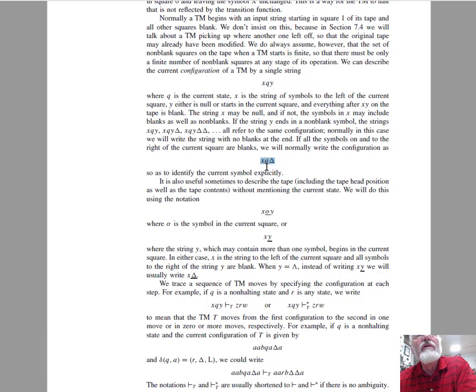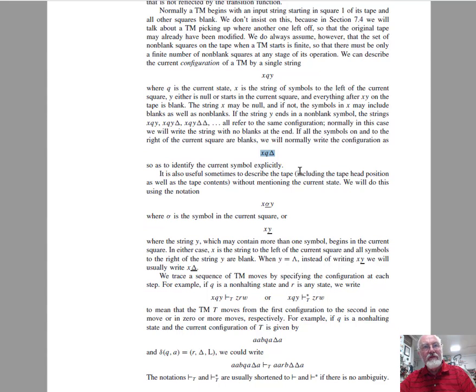I'm in state Q, and the first letter over here is the next character to read, and that means I'm at the end of the word, or I'm on a delta, which is not a character in the input alphabet. But you need to go through it in that much detail to get a good flavor for what this book means.